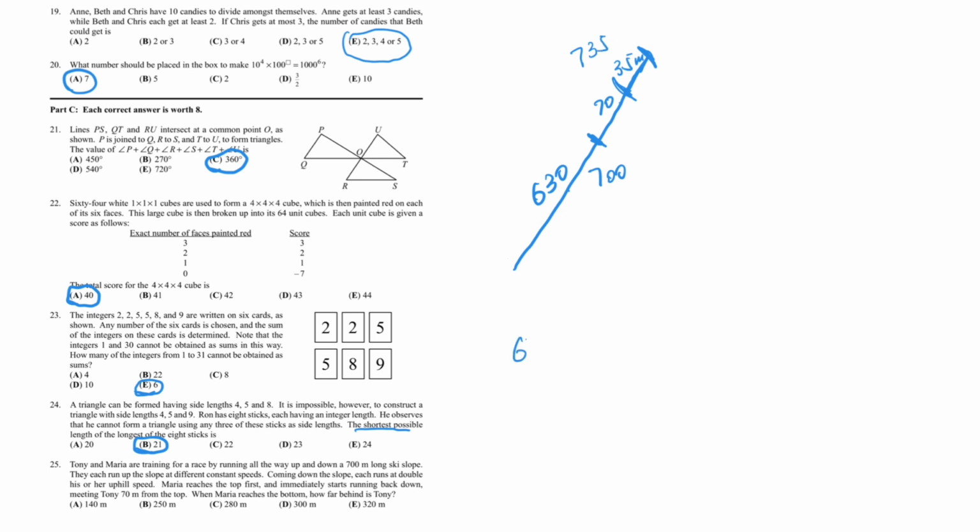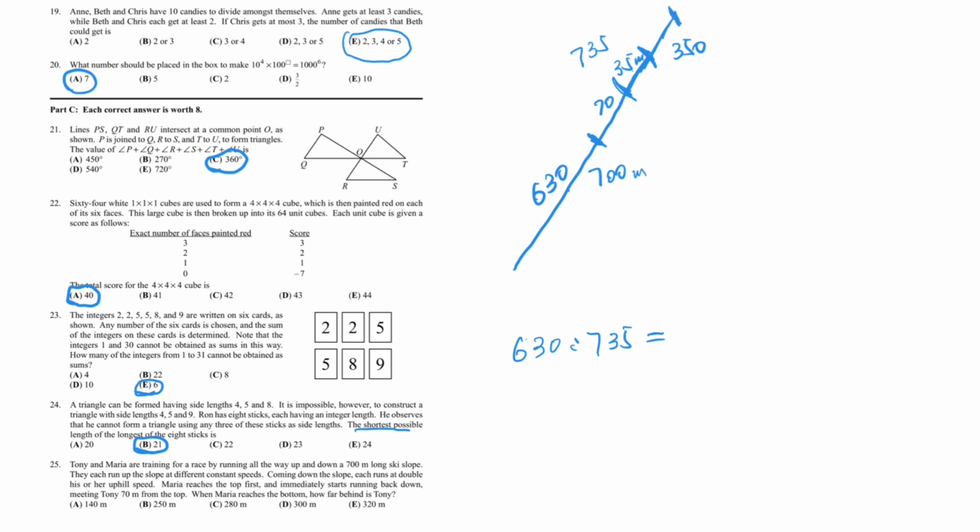So their ratio is 630 to 735. If they go all the way up, downward 700 meters, upward will be half, that means 350. Going upward 350 takes the same time as going downward 700.